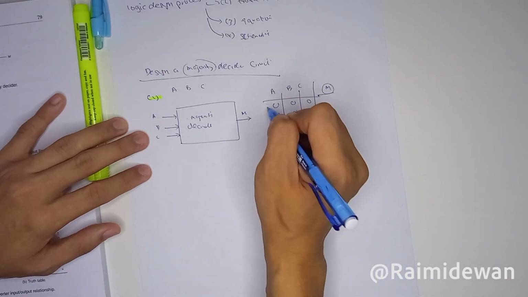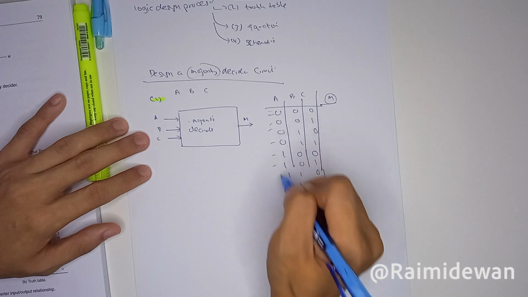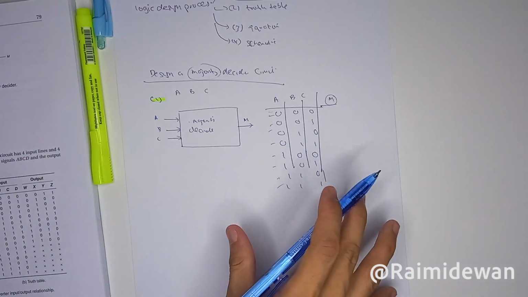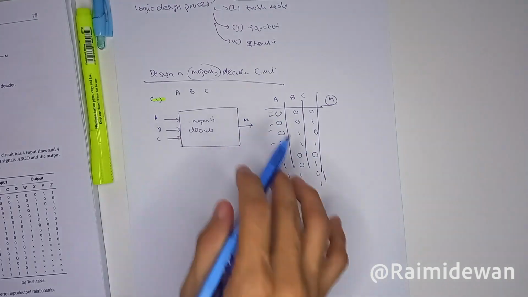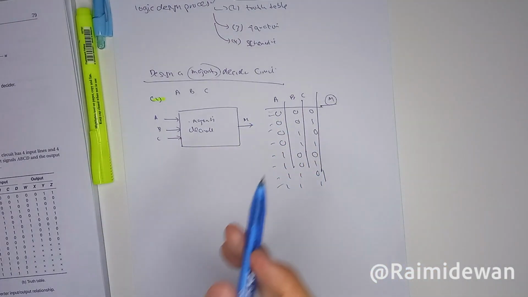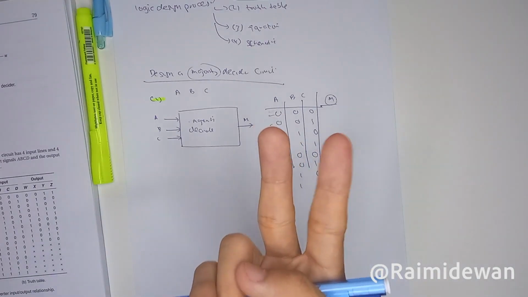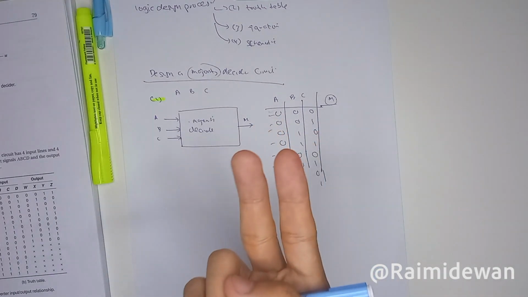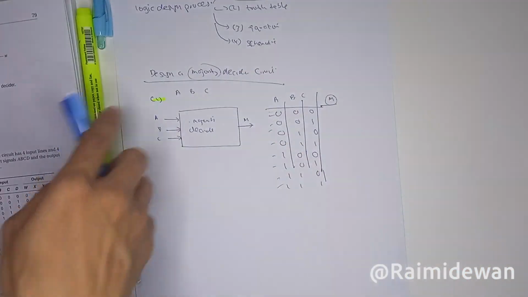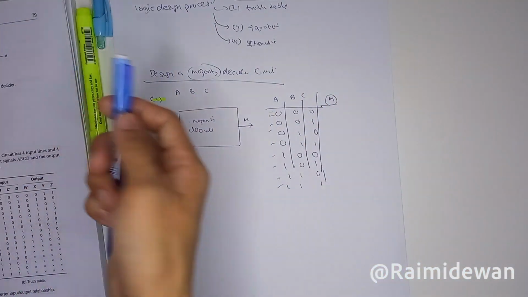That is 8 combinations. If there is a majority of 1s in the combination, we will have a function of 1. This means you need at least two variables having the value 1, and of course if all are 1, the output is 1.